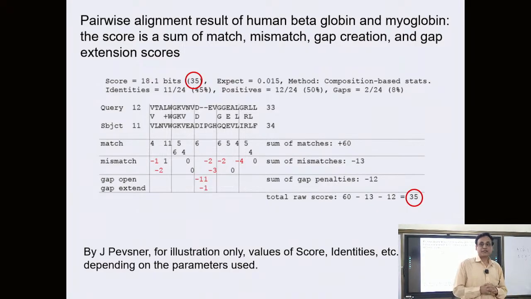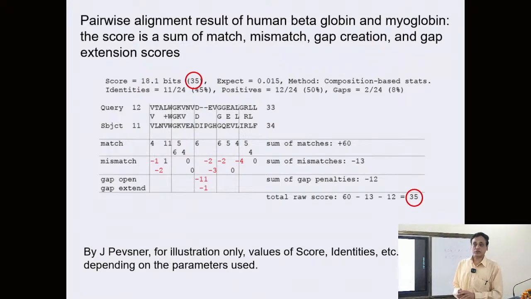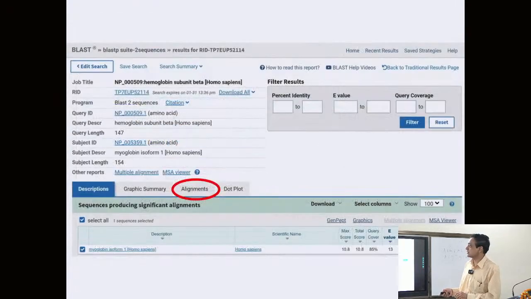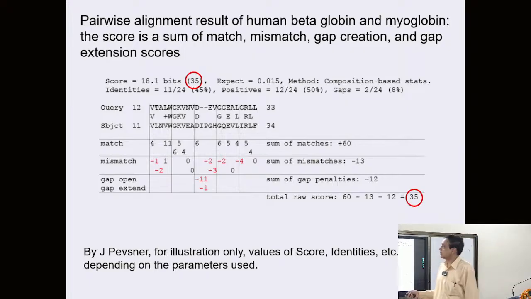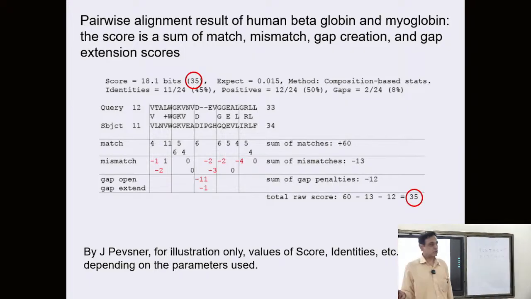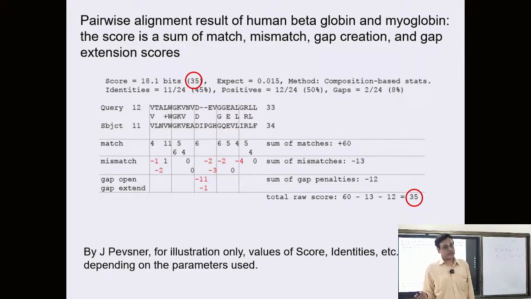Because of that, it gets a positive score, and there could be many such mismatches that get positive scores, and here you can see many mismatches that got positive scores. So when you are computing, you have to add the scores for matches, for mismatches, which can have both positive and negative scores, and the sum for gap penalties.